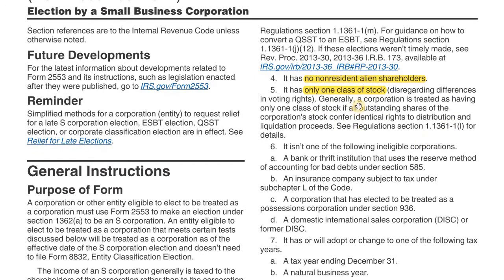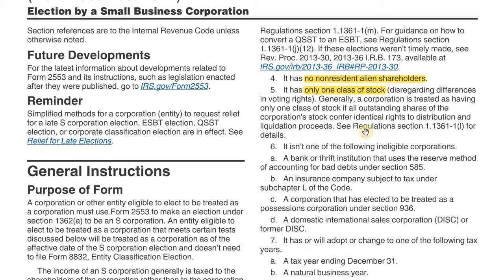The other big limitation, and if you talk to a knowledgeable tax practitioner in this space, this is the sticking point, is the one class of stock issue. It's probably one of the bigger problems or limitations with an S corp. The company can only have one class of stock. So every owner in the entity, if you have a multi-member LLC for example, is splitting all items of income, expense, and distributions, and everything has to be allocated in proportion to their respective stockholder ownership interests.